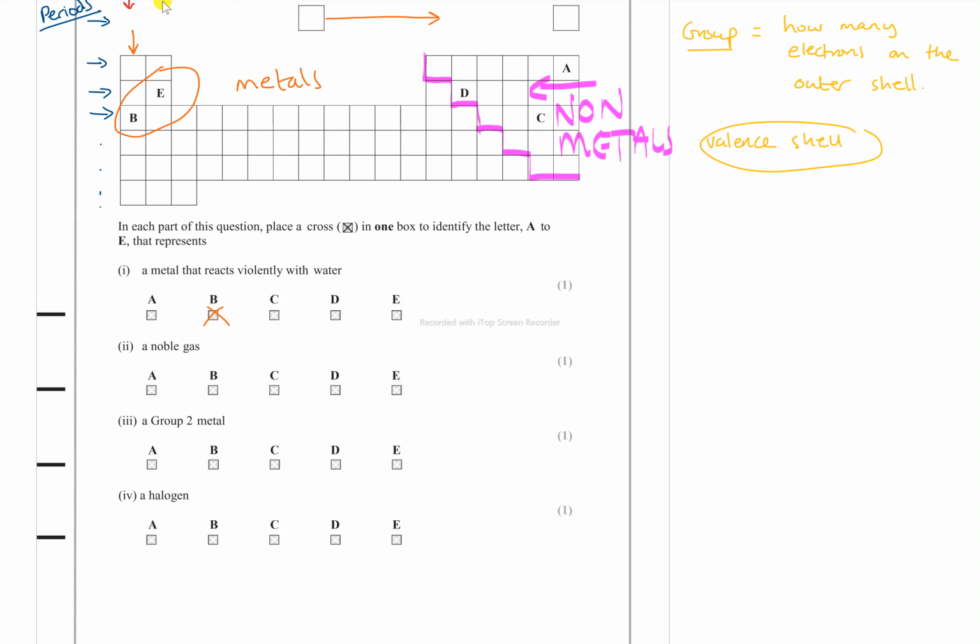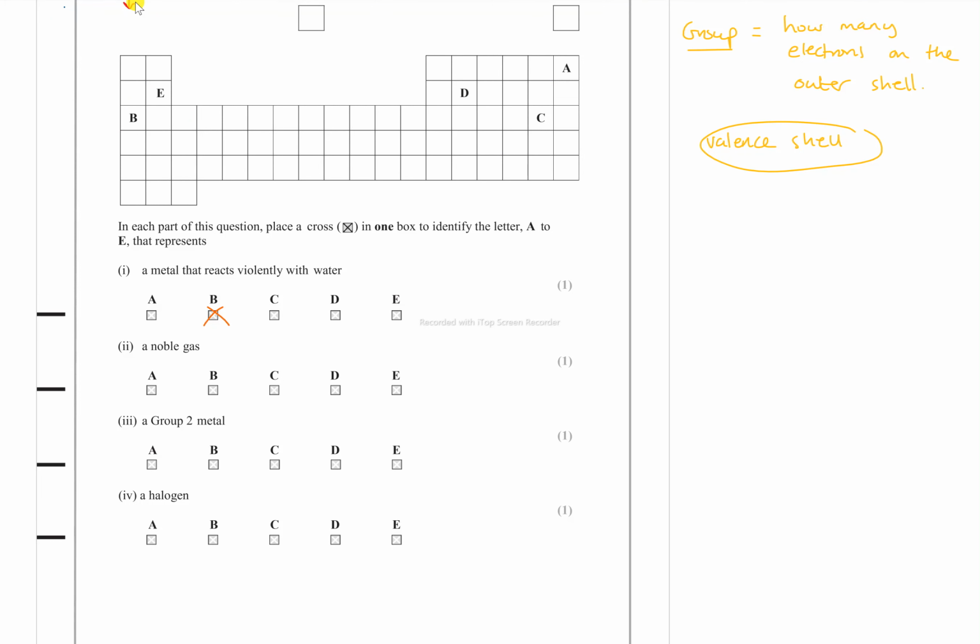Right, what you've got to know. Let me rub all this out so it doesn't cause any confusion. Right, now. Group 1, you've got to know, are called alkali metals.